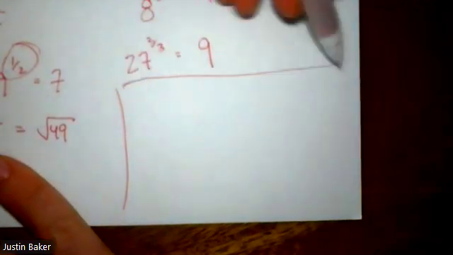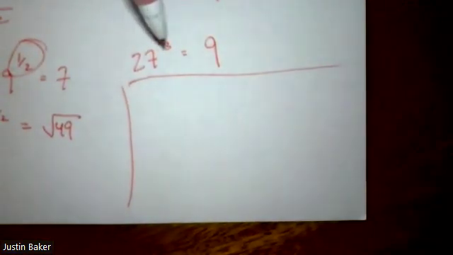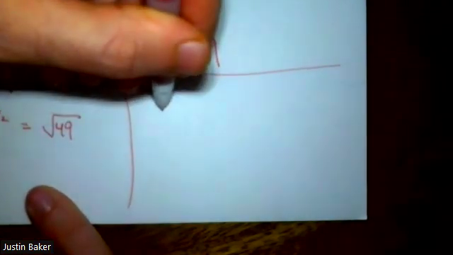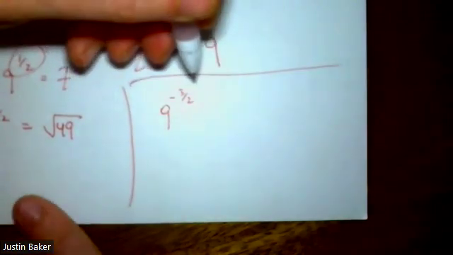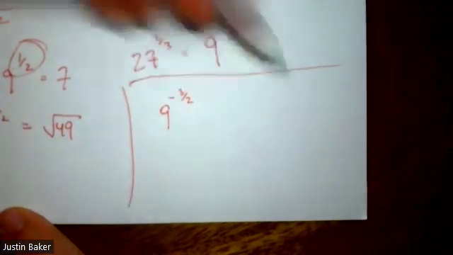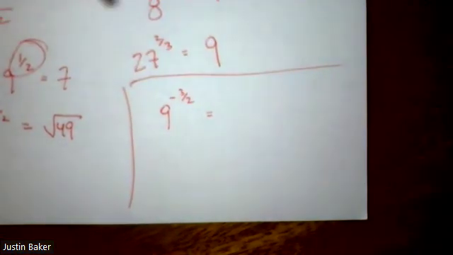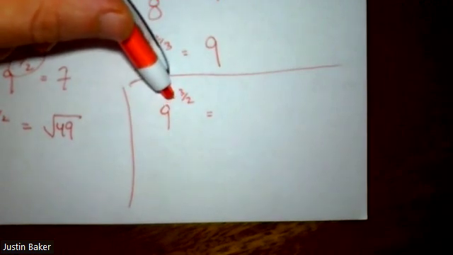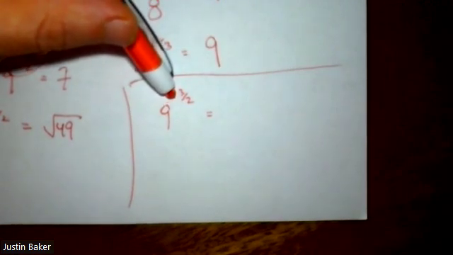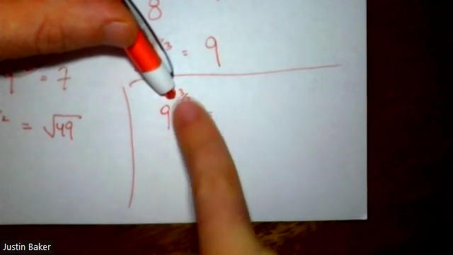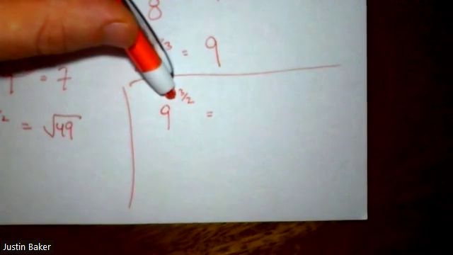Okay, another big one that we would want to look at is negative exponents. So if I said 9 to the negative 3/2 power, whenever you have a negative exponent, first off, I tell people just kind of ignore it for a second. Let's just pretend it's not there. If it was 9 to the 3/2 power, this would be the square root of 9, which is 3, and 3 to the third is 27.